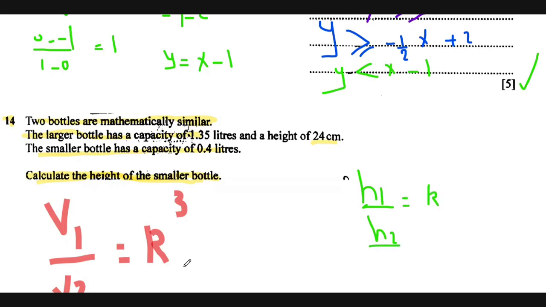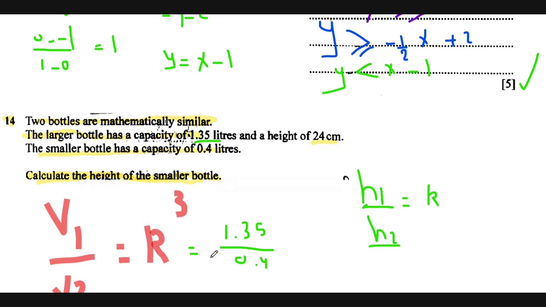Okay, so volume 1 here we can equalize by 1.35 over 0.4.